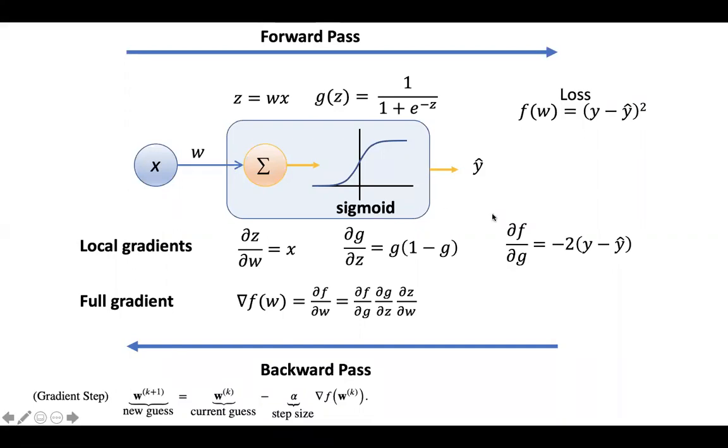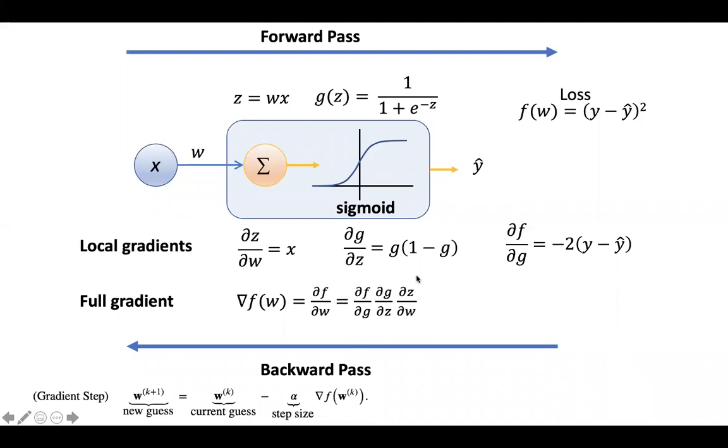This is the so-called chain rule, and it's due to the fact that, for example, here Y hat is not just a simple argument. This is actually a function J. And in the case of function J, this Z is also not just an argument, but also a function, which is wx. So if we want to compute the full gradient, we need to compute stepwise all the local gradients, or partial derivatives.